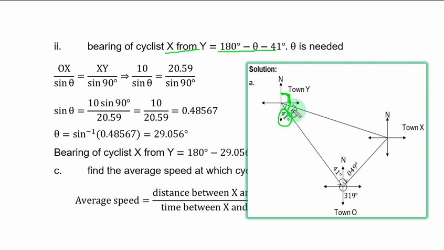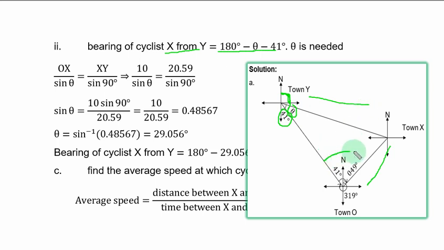And we can use the sine rule, because now we know OS. This angle is known as well, and we know side SY. If you have two sides and one angle, you can get the other angle using the sine rule. So you have OS over sine theta equal to SY over sine 90 degrees.